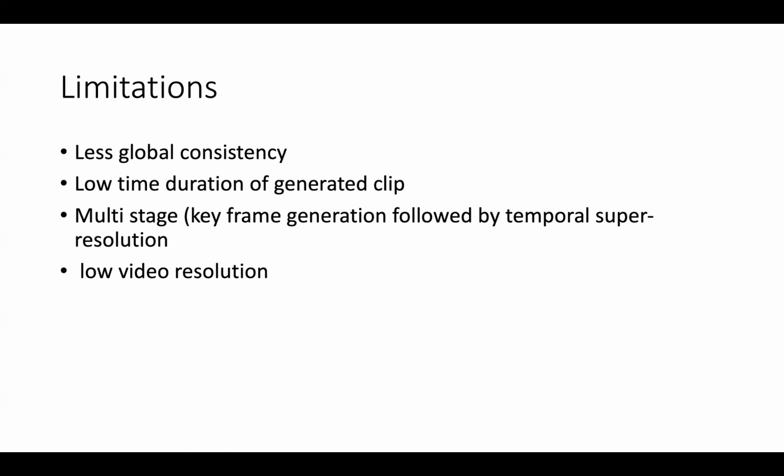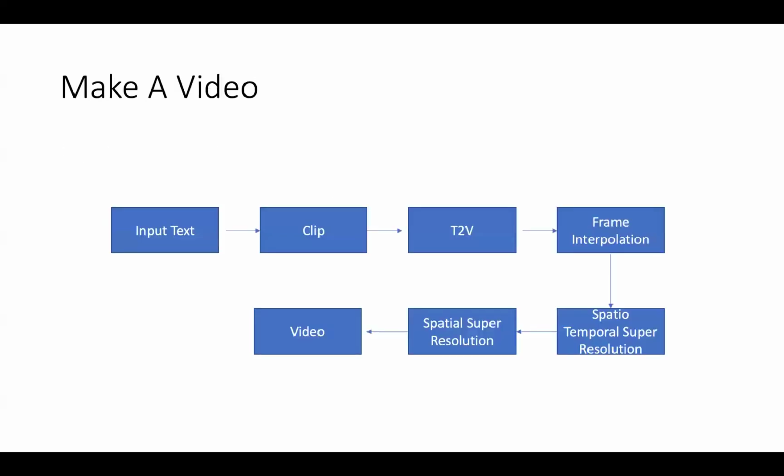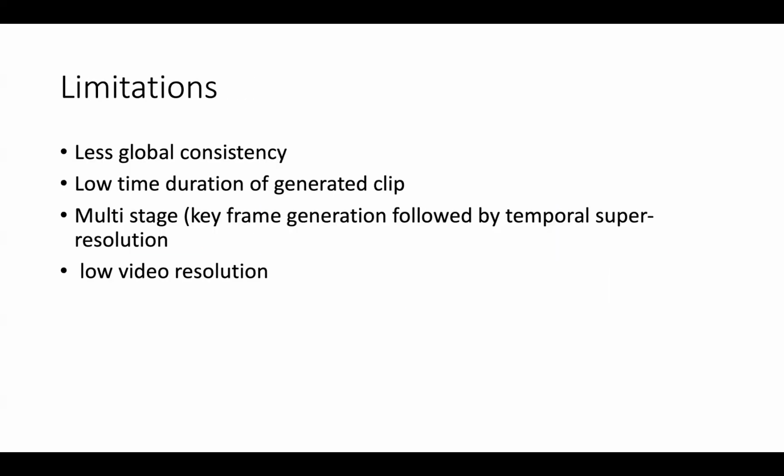It is a multi-stage network: we have keyframe generation, spatial temporal super resolution, and spatial super resolution networks in place. Those are the post processing steps. Suppose we generate a 16 FPS video; making it high FPS is also post processing. In general these works generate 16 to 30 frames. This is old work, almost 2 years back.